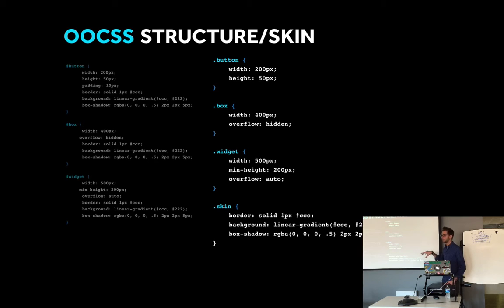So now I could have button and skin on a selector and have that styling for it, but I could also have button and maybe skin two that's a different look and feel. It allows me to reuse those properties, and if the overall styling needs to change, say it goes from this linear gradient to a solid color of gray, I can update it in one spot and it cascades through the rest of my project. So that's the first one.